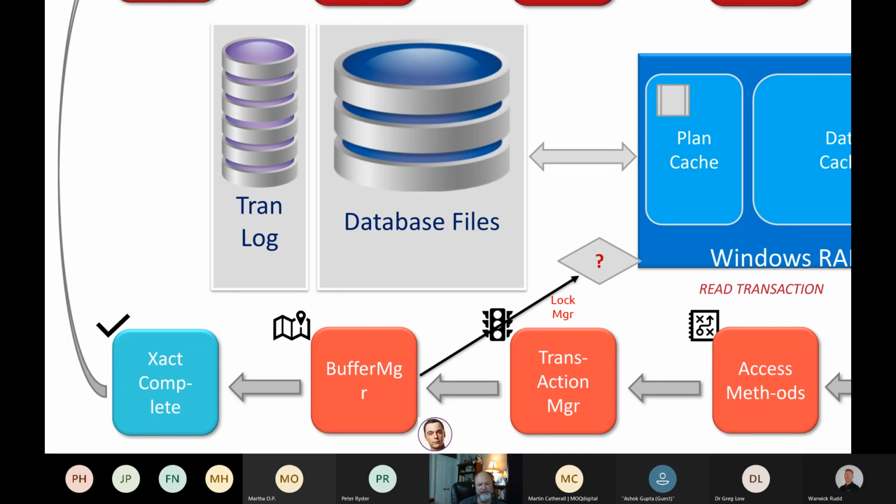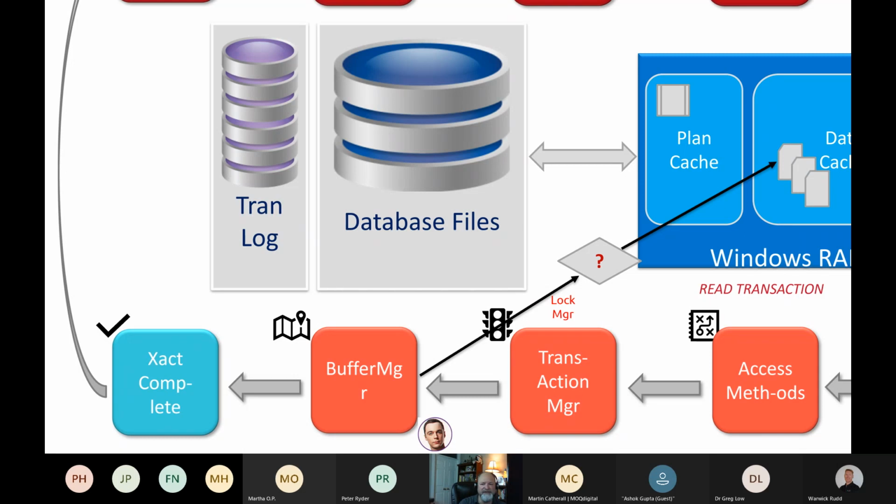The buffer manager then says, okay, where am I going to find this data? It looks in the data cache, again using the different kinds of signposts for the IAMs, the GAMs, the SGAMs, all these different little structures, and it looks for the data pages that it needs to answer the query.